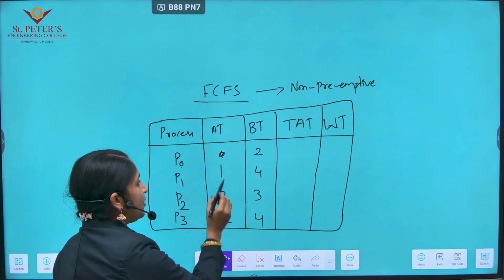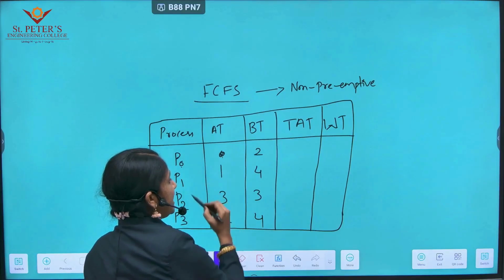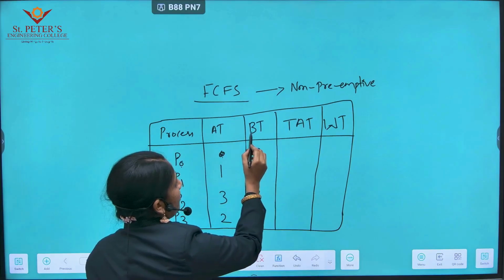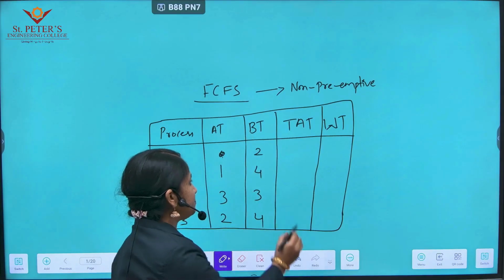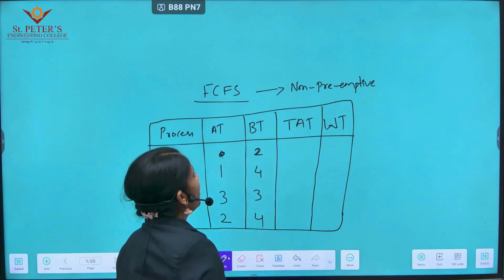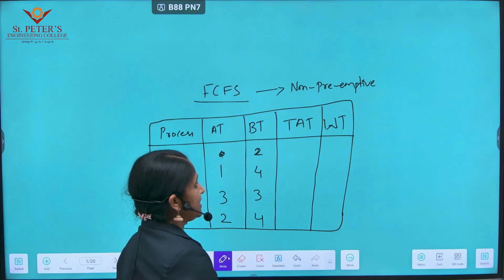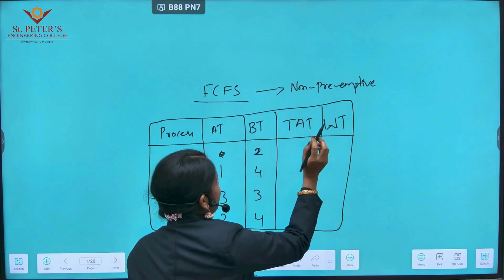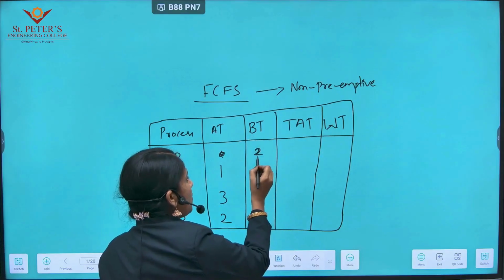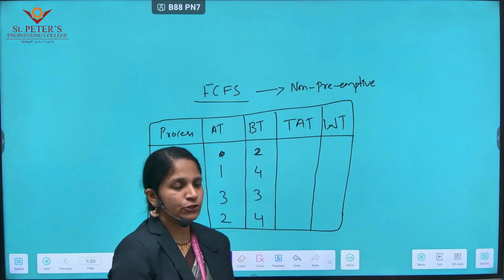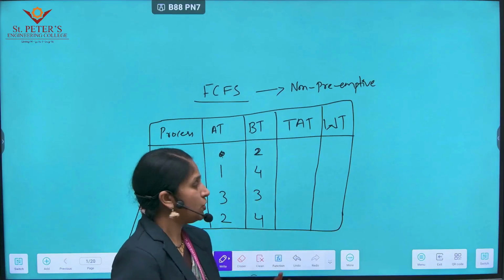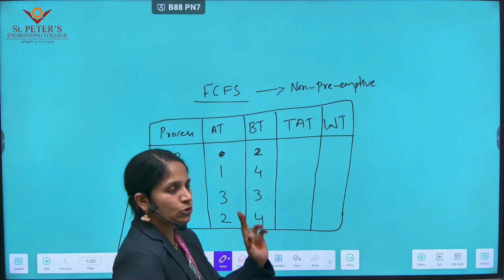Arrival time means the time at which it came. Burst time means how much CPU time it takes to complete that process. Here we have taken 2 milliseconds.